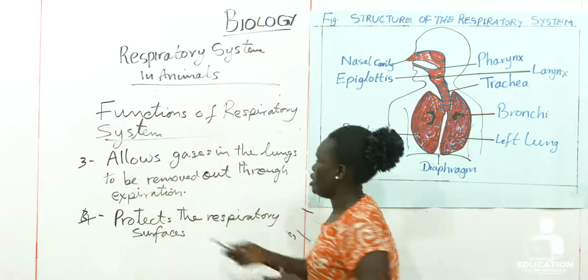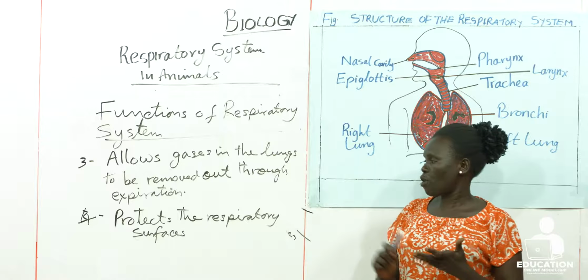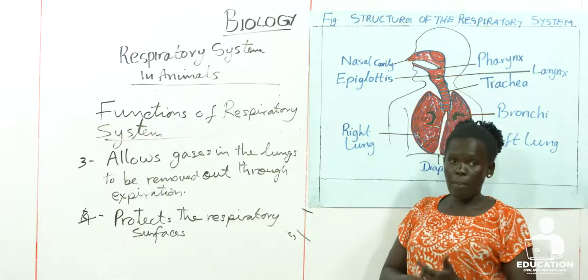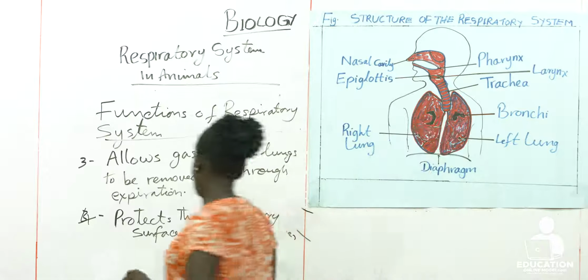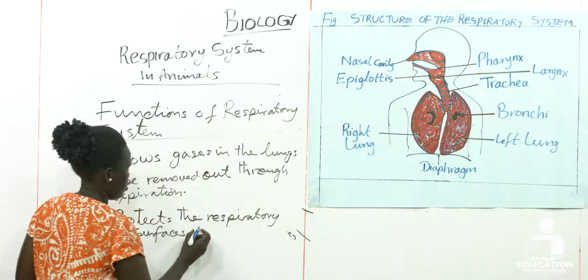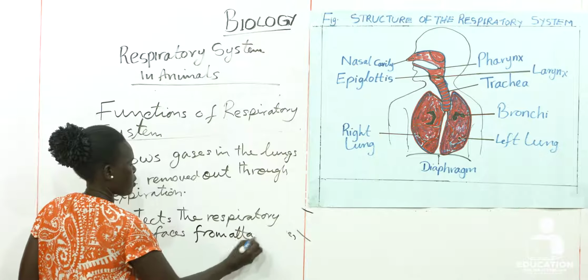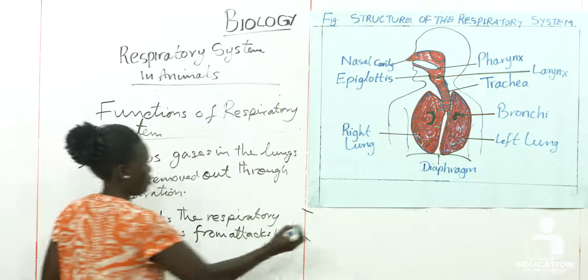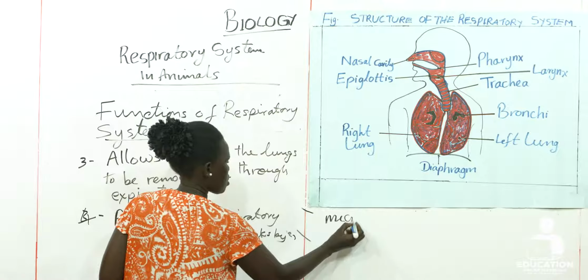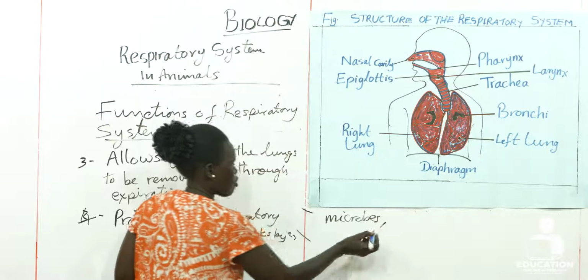Respiratory system, it protects the respiratory surface. Protecting it from what? From the attack by microbes or pathogens, and from dehydration.